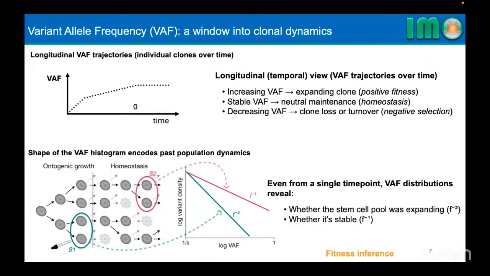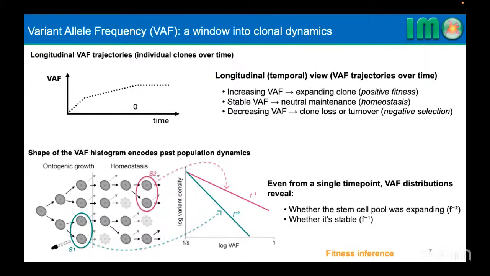We can think of VAF longitudinally: we sequence the blood sample over time and calculate the VAF from time to time. If the VAF increases, then that mutation has a positive fitness. If the VAF decreases, we can consider it negative selection. For this, we need to sequence blood samples over time.